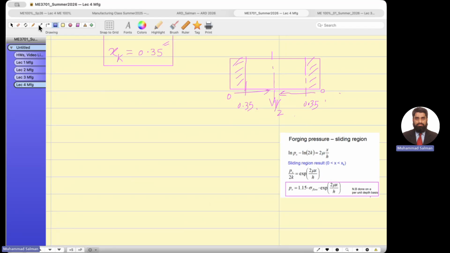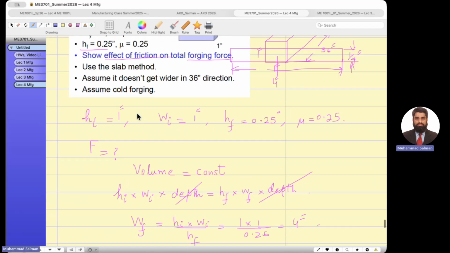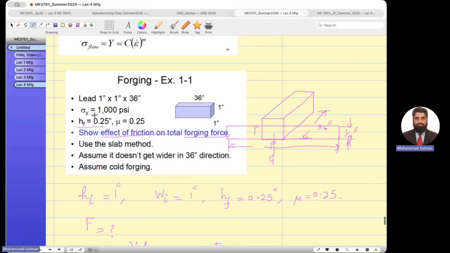So I'm going to use this formula for the sliding case. 1.15 sigma flow, and what is sigma flow? It is 1000 psi.